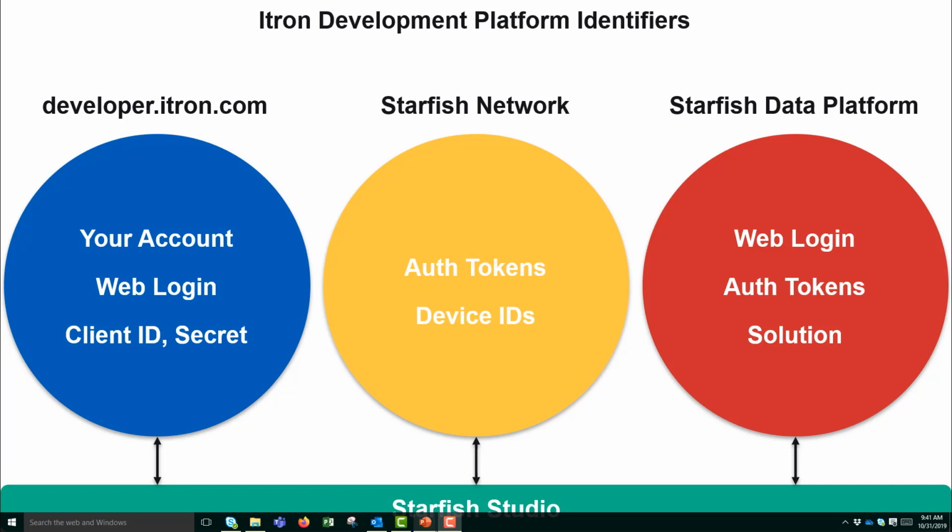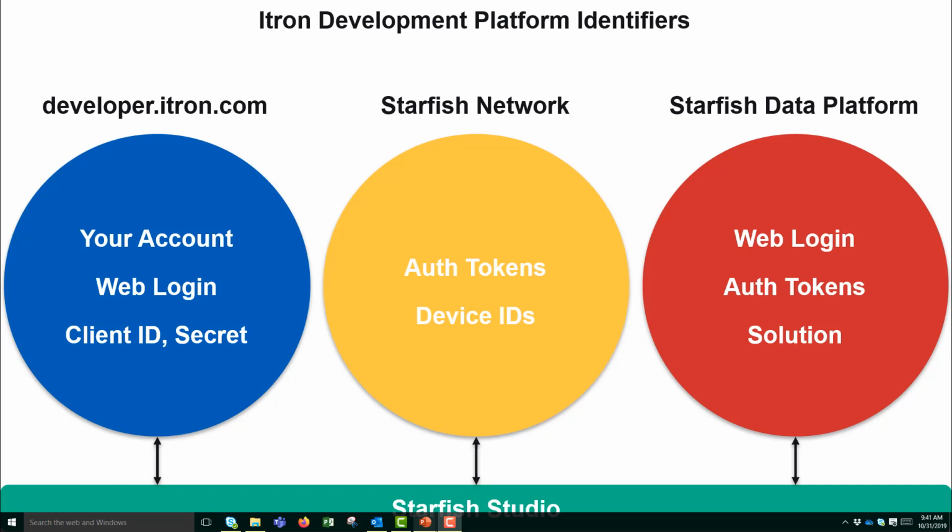Those are not stored by the Itron Developer Portal. Instead, once you create your account and it generates and shows you the client ID and secret, you store those locally, and those will be used for you to generate authentication tokens going forward to access the Starfish Network and to access data in the Starfish Data Platform.